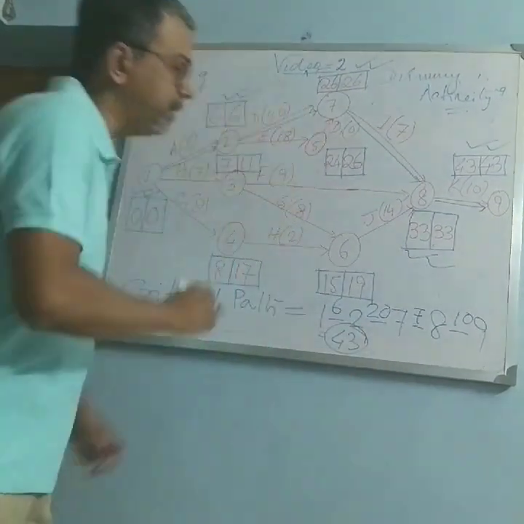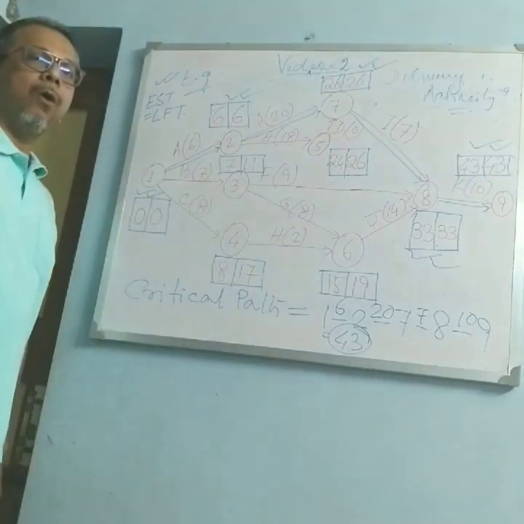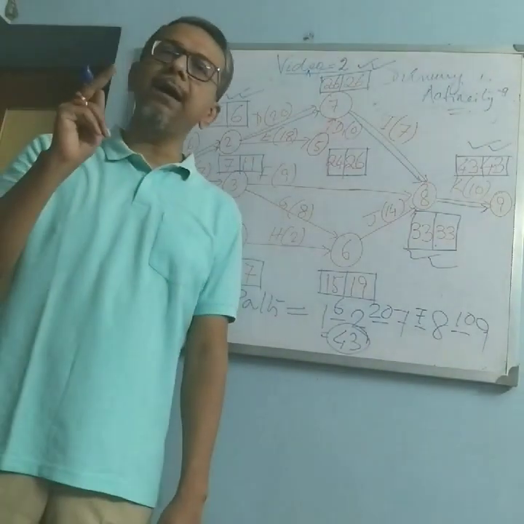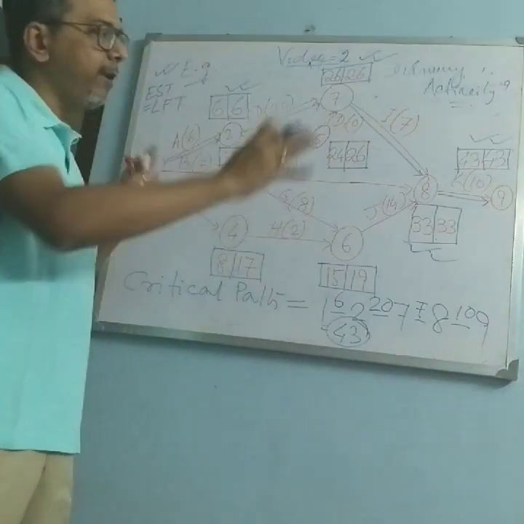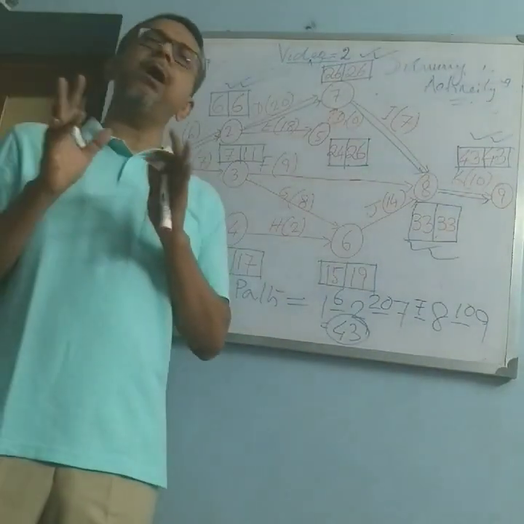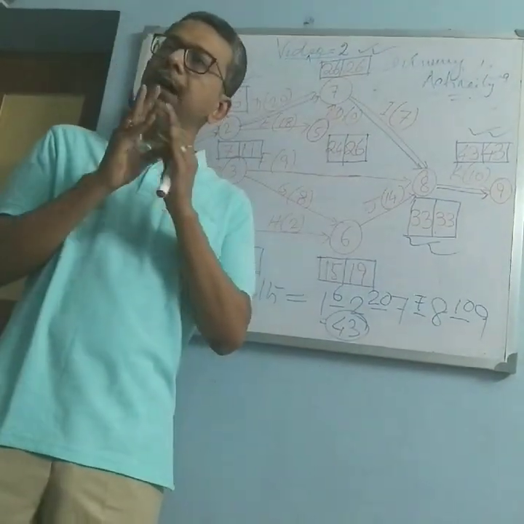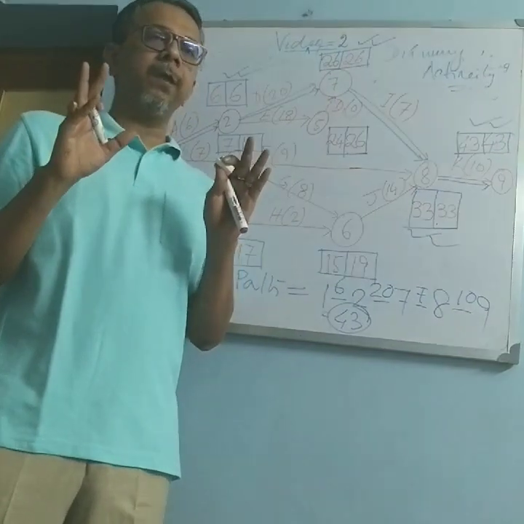So you see, in this particular network, only one critical path exists. But it is not true that every network will have only one critical path. There may be multiple critical paths.